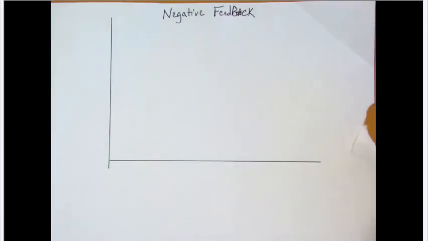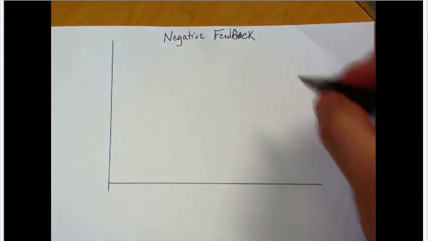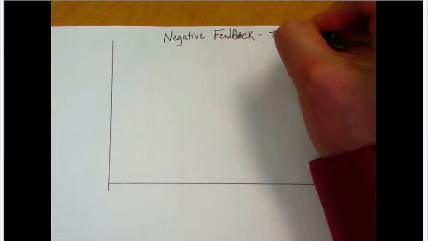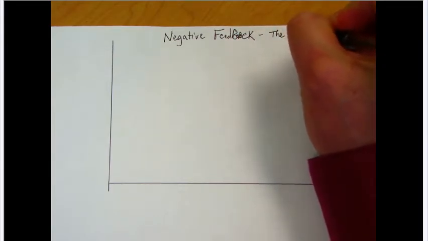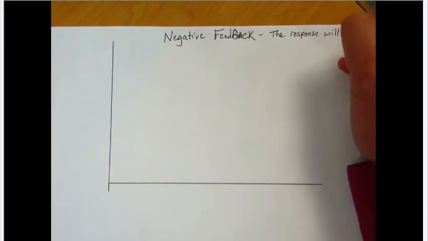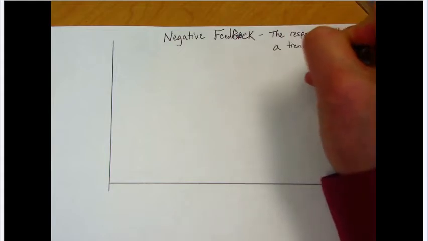All right, so there are two versions of this. You'll see that I have another grid down here, another graph ready down here. So just prepare yourself. Two different examples here. In negative feedback, the response will reverse a trend. All right.